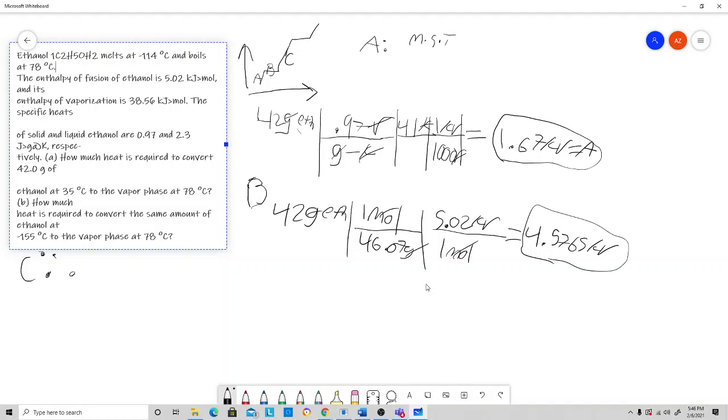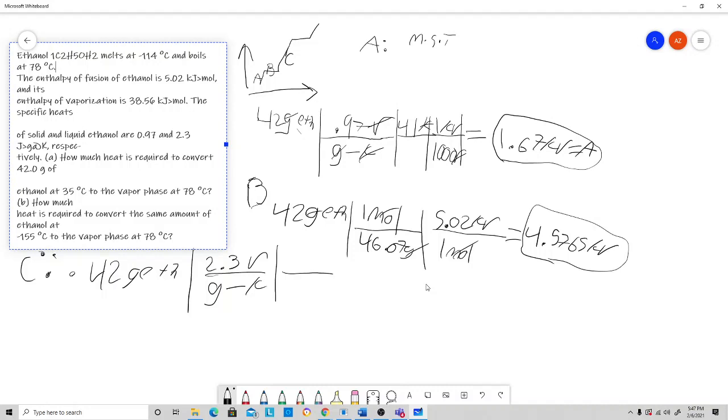Again, the specific heat is given in joules per gram per Kelvin, so we don't need to translate into moles. We can just start off at 42 grams of ethanol, and that's gonna be 2.3 joules per gram Kelvin.